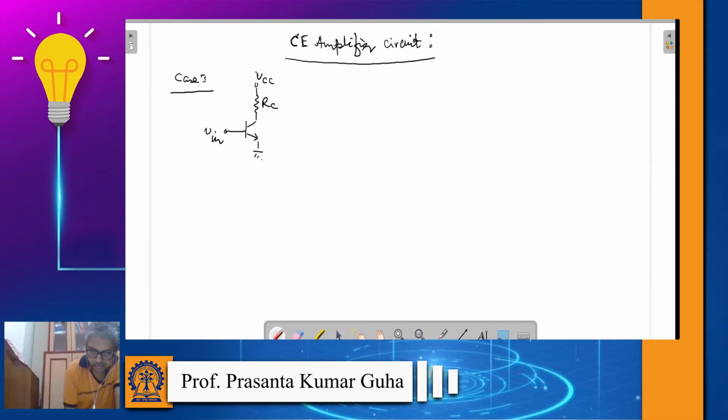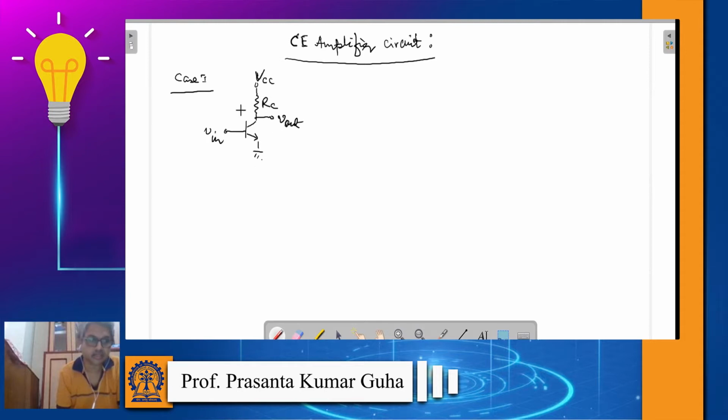VCC is basically the supply voltage, okay, and Vout is the output voltage we are measuring at the collector, okay.